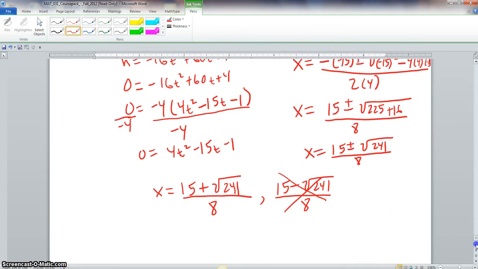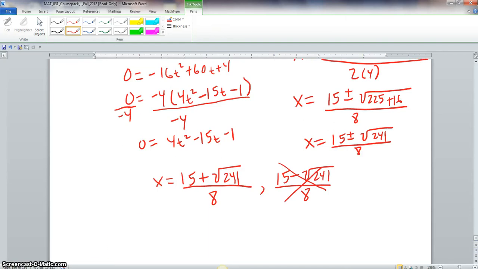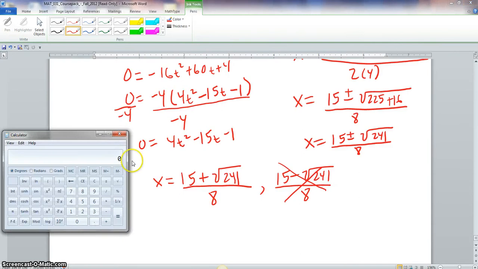So now we could take a calculator, and I'll pull a calculator. Okay, now I have a calculator here. I don't have as sophisticated of a calculator as a lot of you have. But I believe with this calculator, I would have to take 2nd, the square root of 241, and then I would have to add 15 to it.